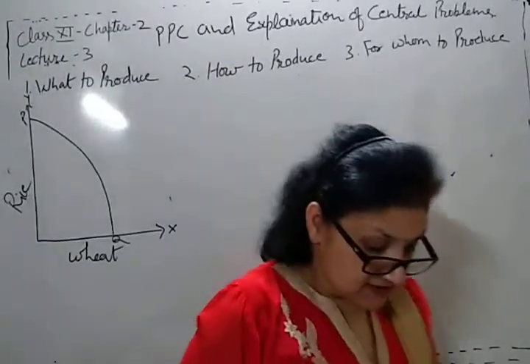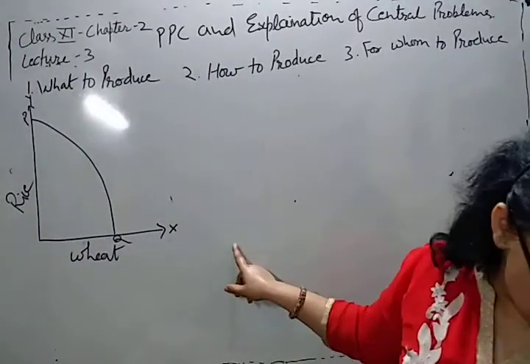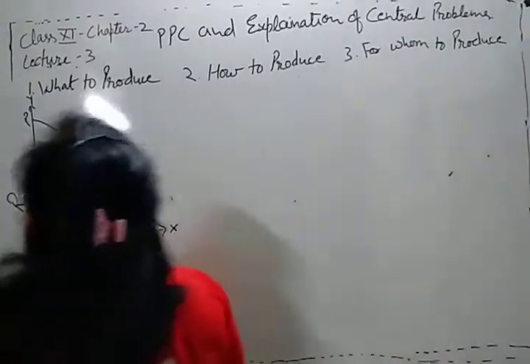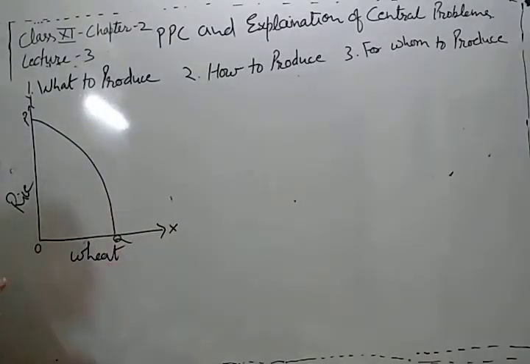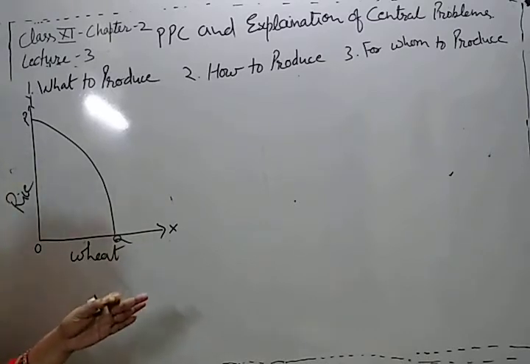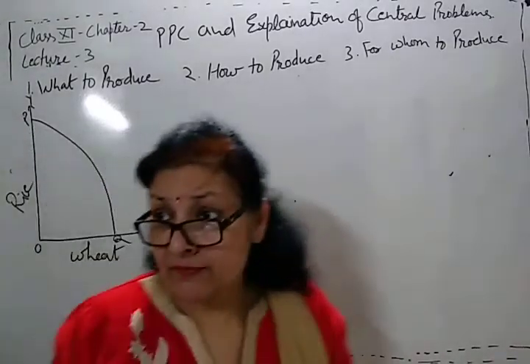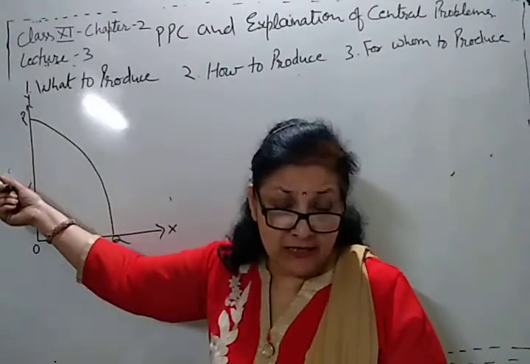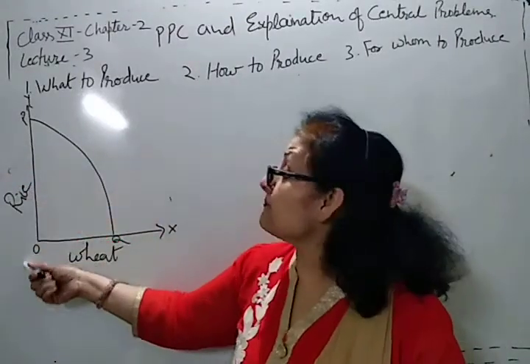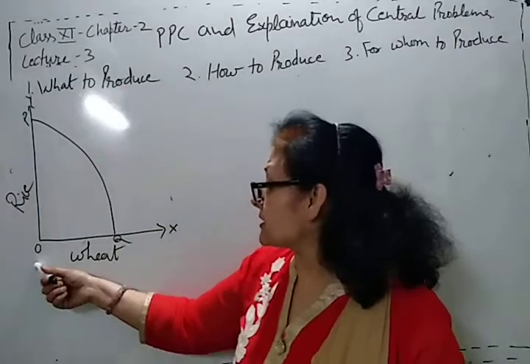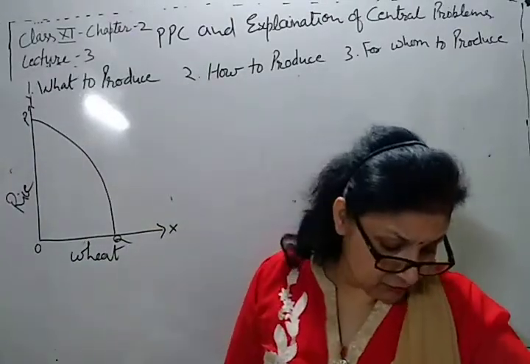Yes, you can see this figure shows that if all the resources are used for the production of rice, then we get maximum production of rice, but we get zero production of wheat. That is, if we induce all the resources of production in the production of rice only, there is enough production of rice, but production of wheat is zero.